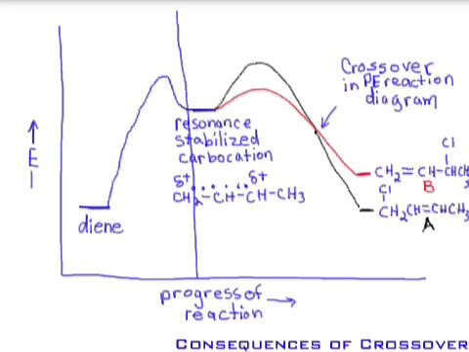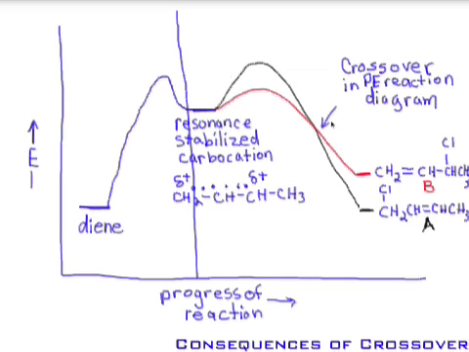Now when you see crossover in the potential energy diagram, this leads to the rare phenomenon of possibly having two different product distributions based on temperature. Or that as you vary temperature, you'll get the different products being major. The percentage composition of who is major will change with temperature.